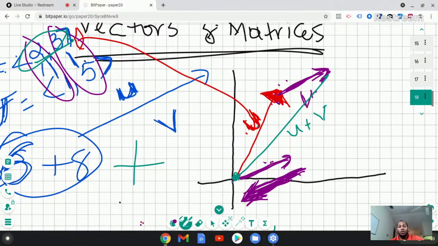So wherever this was going, you just do something in the opposite direction. Now, why is that important? If I take u and add it to the negative of v, that's the same thing as saying u minus v.